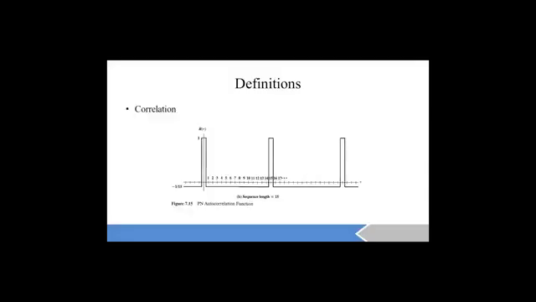Now look at figure 7.15. It shows the general autocorrelation case for M sequences and the autocorrelation function for M sequences generated by a 4-bit LFSR.